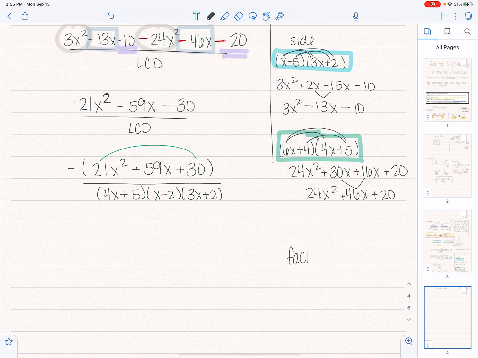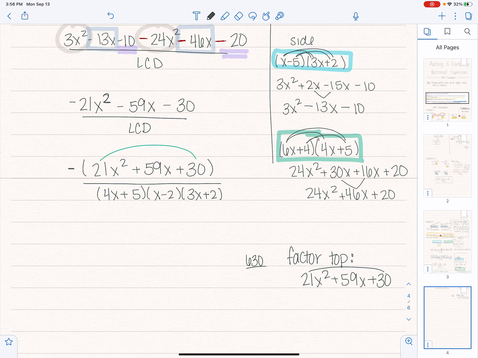All right, so now we're factoring the top. So 21x squared plus 59x plus 30. So with rainbow, that's going to give me 630. So I'm looking for factors of 630 that will add to 59.